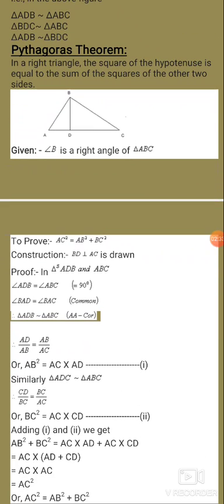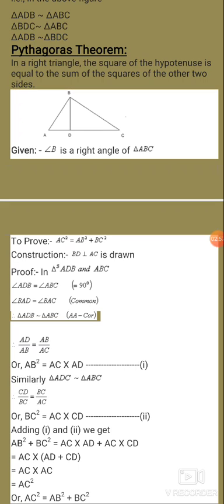Now the next one, if the two triangles are similar triangles, we can write the sides as proportion. That is AD by AB is equal to AB by AC. Or when you cross multiply, AB square is equal to AC into AD. Put equation number 1.